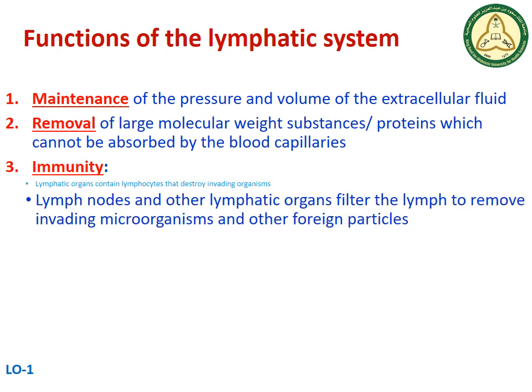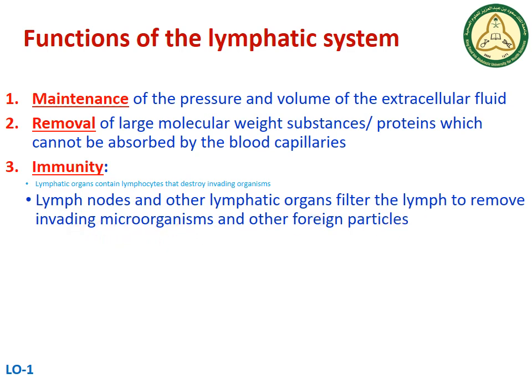Another function is immunity. As it is called the lymphatic system, we come to know that there is some immunity aspect of this system. Lymph nodes and other lymphatic organs filter the lymph to remove invading microorganisms and other foreign particles.